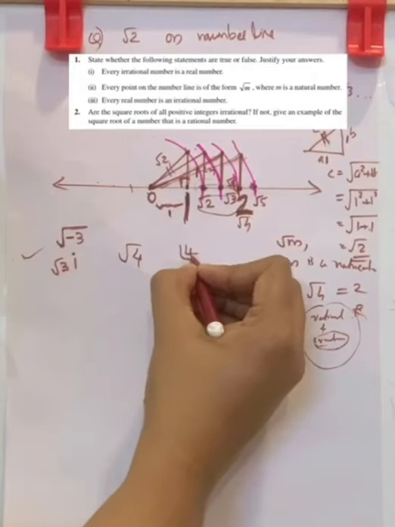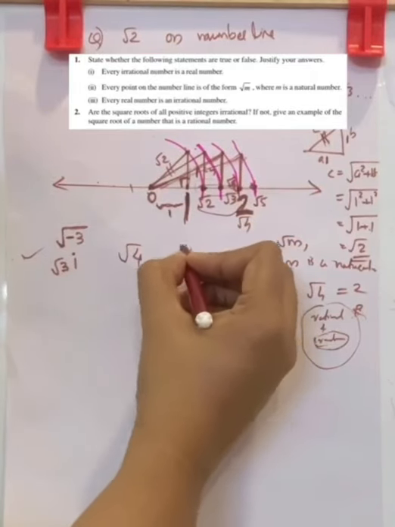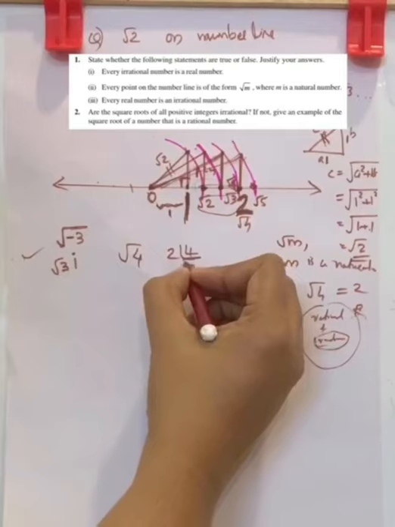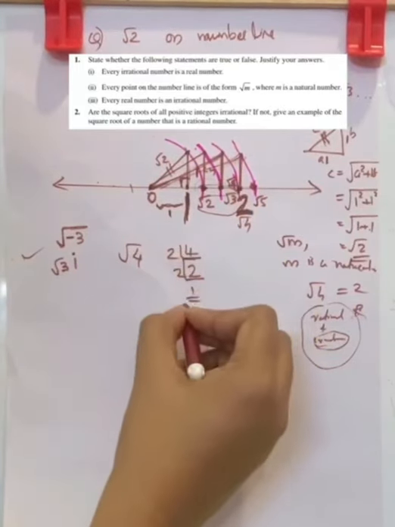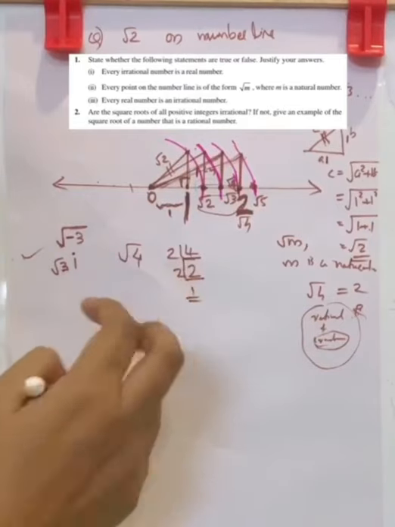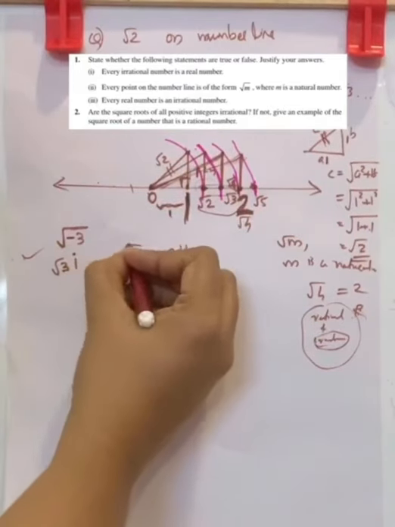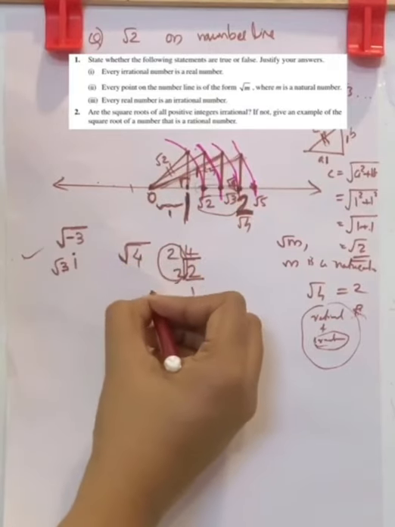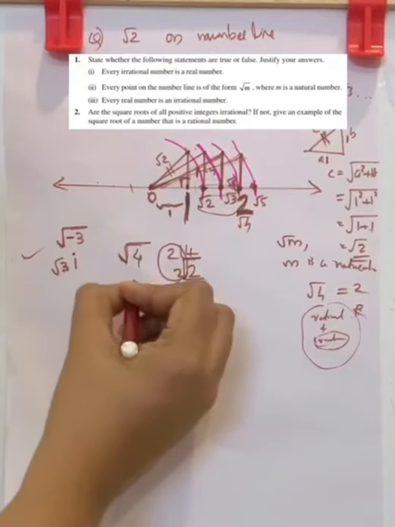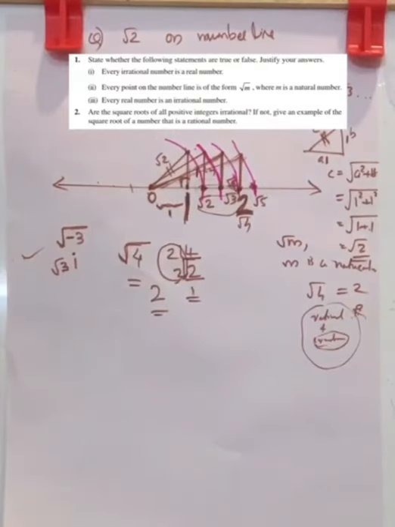You will consider it as factors of primes. This is the factorization of 4, and the square root. So you will consider two numbers at a time, pair them and take 1, 2. So root 4 is equal to 2.